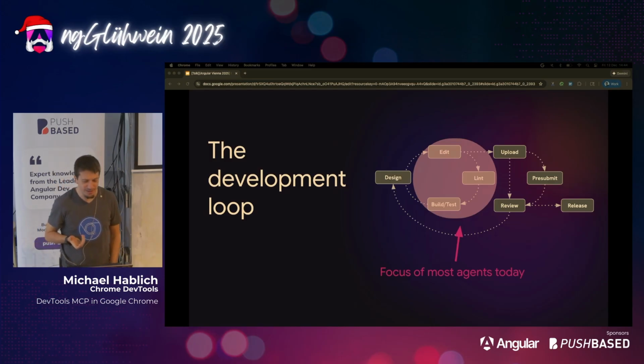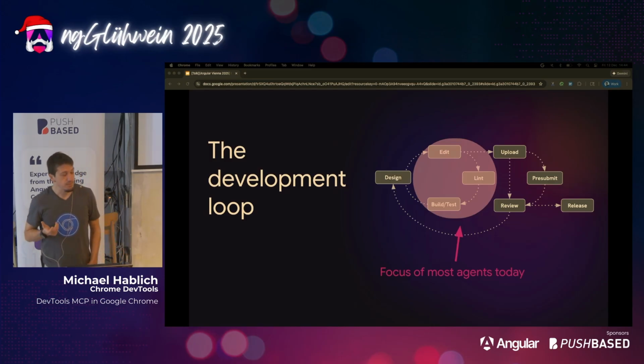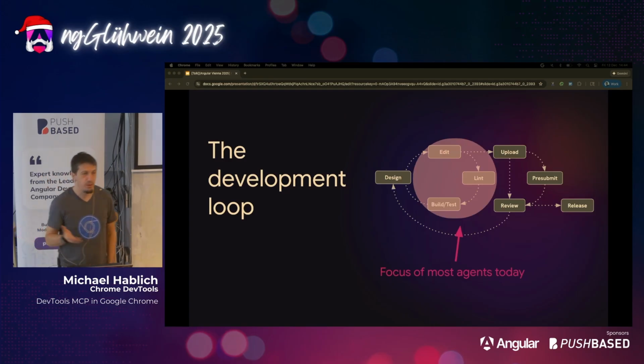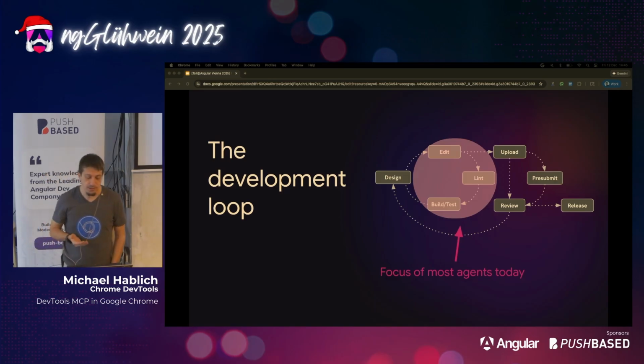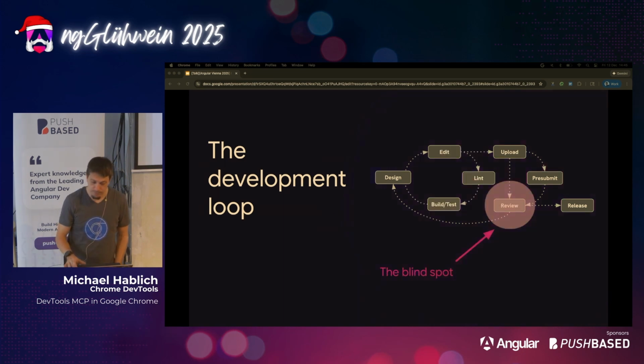Is it actually what I intended to do? Long story short, we've built AI coding agents that are experts in writing code, but they are blind to the rest of the process of actually shipping the code to the customer, to the user, because they lack the sense to interact with the rest of the development loop.